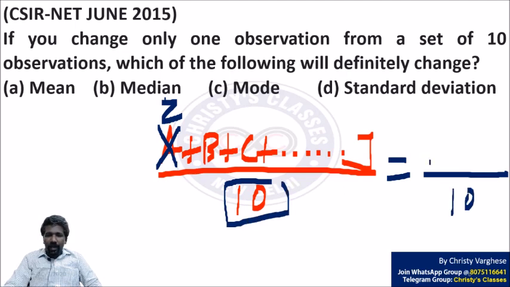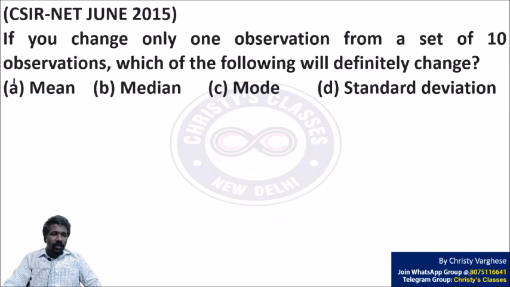So definitely the average will change, because the numerator is changing and the denominator is the same. So the arithmetic mean will change. Which of the following will definitely change? Mean will always change. So option A is the answer.